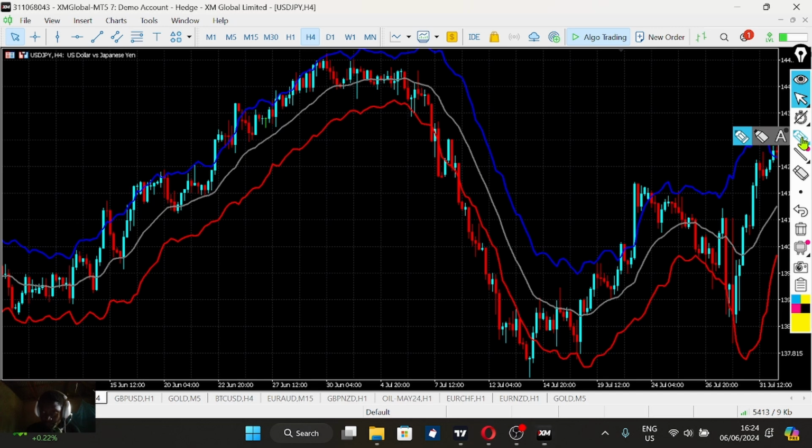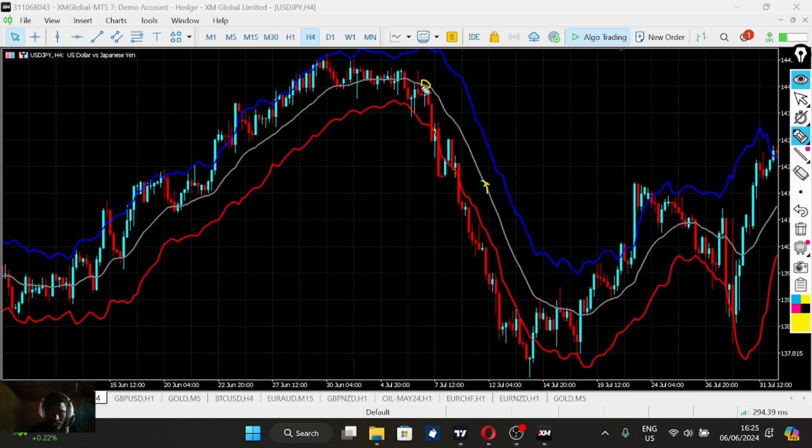Now, when the market is below the middle line, it indicates that it is a downtrend, like here.